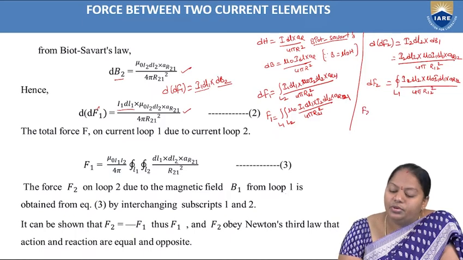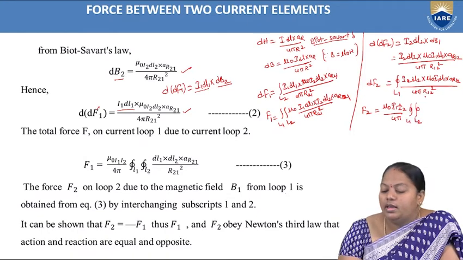Then to get F2, again we need to consider integration on both sides. Then the constants are taken outside: μ0 I1 I2 by 4π, then the double closed line integral over L1 and L2 of dl2 into dl1 into aR12 by R12 squared.